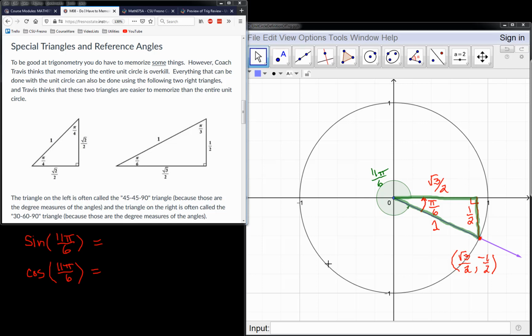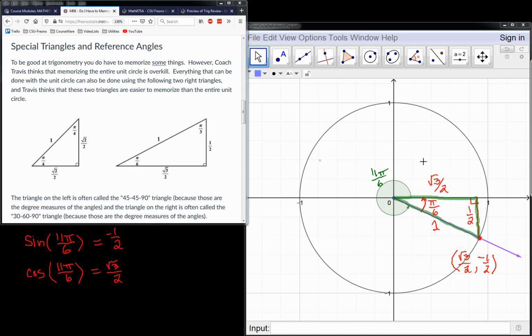So we can now say that the sine of the angle is the y coordinate, so this is going to be negative 1/2. And the cosine is the x coordinate, so this will be square root of 3 over 2. And there we go. So we got it.